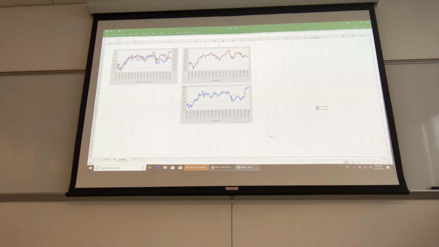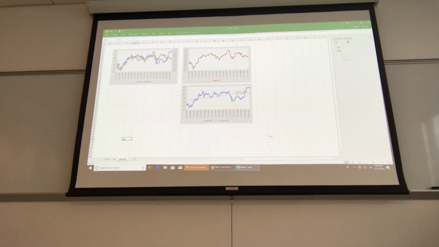And what you already know is how you put trend lines in these graphs and what is the meaning of that particular trend line. We already did that last period.